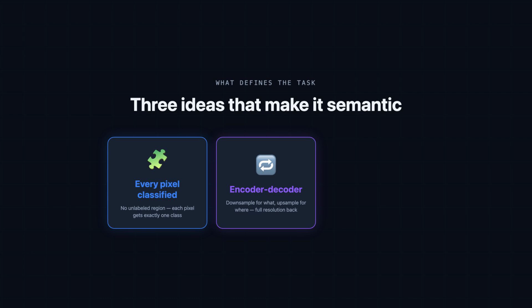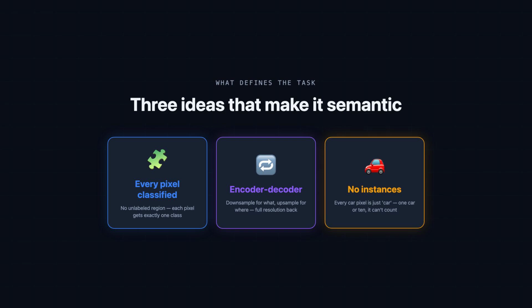Downsampling captures what is present, upsampling restores where it is, and together they hand you a prediction as sharp as the input image itself. Third, and this is the crucial limitation, it does not separate individual instances. Every car pixel is simply labeled car, whether the scene holds one car or 10 parked in a row. It knows the category but never the count, and that gap is exactly what instance segmentation was invented to fill.